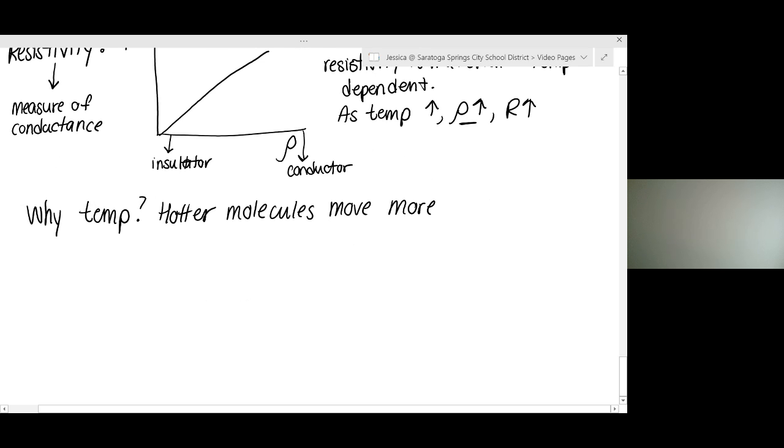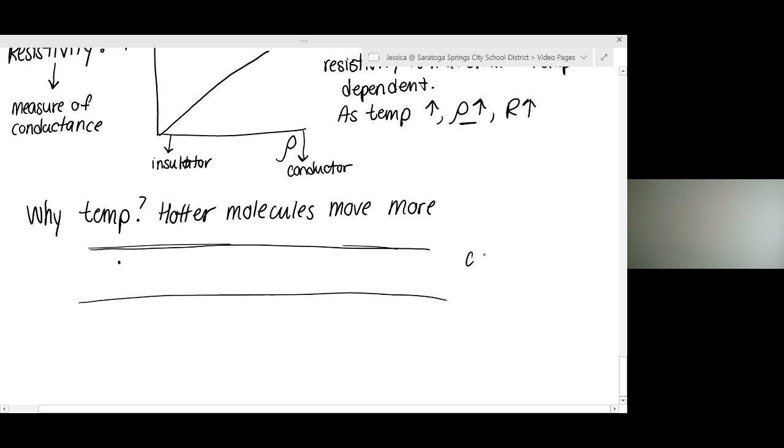So let's say here's a resistor, and it's made of some type of semiconductor material. If this resistor is relatively cold, here are the molecules of whatever substance this resistor is made out of. If the resistor is cold, these molecules are relatively stationary, which means the electron flowing through them can find a relatively nice, easy path to get through.